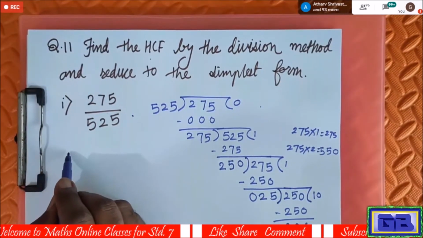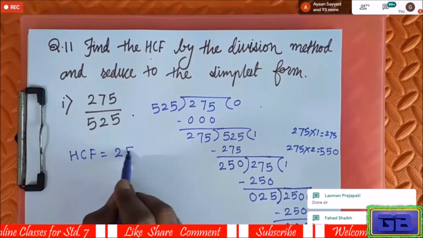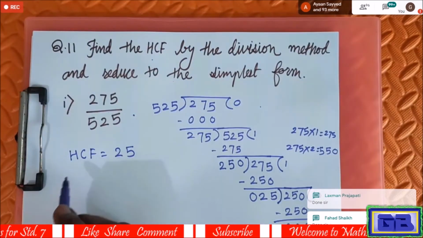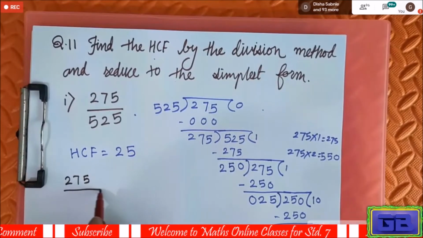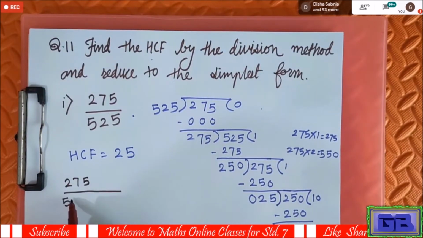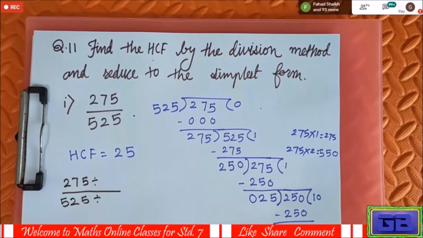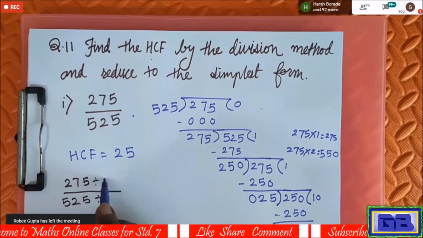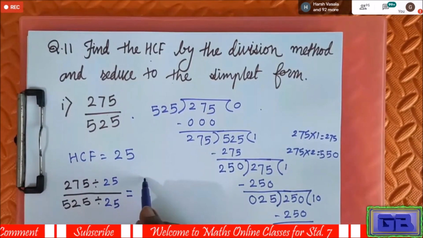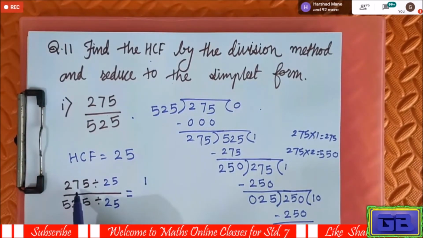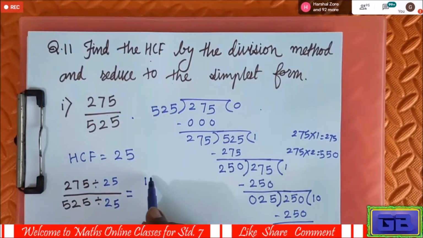You have to write HCF equals 25. Now take this number down, 275 upon 525. Divide both the numbers by 25. Now here 25 ones are 25, and 2 will come down.